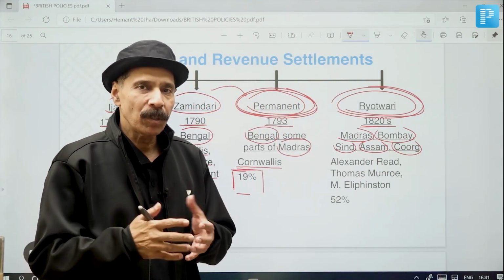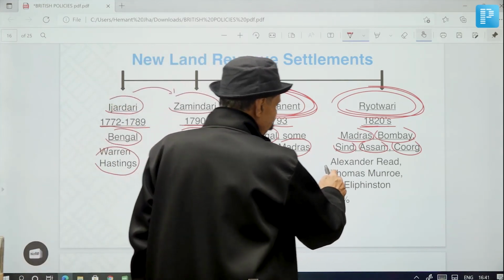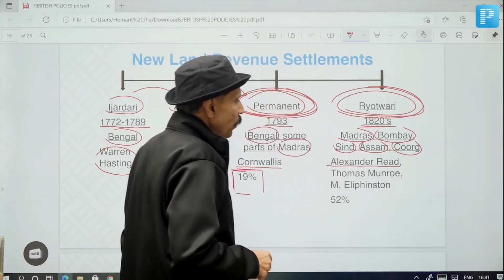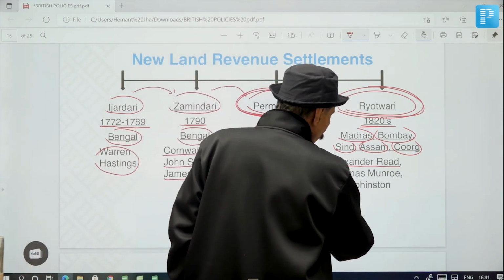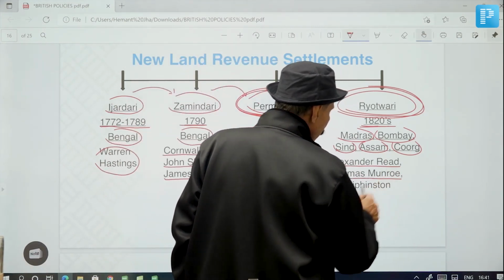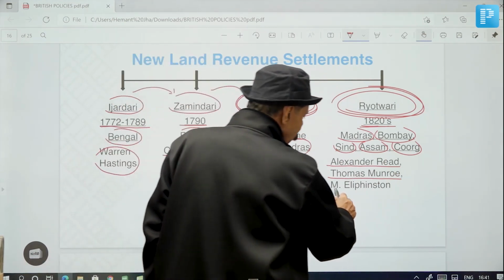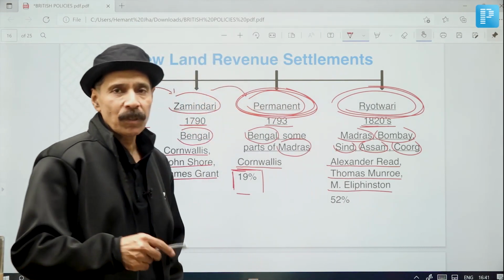The main persons associated with this were Alexander Read, who made the first experiment in Raiyatwari, Thomas Munro, who introduced this in Madras, where he was governor, and M. Elphinstone, who introduced this in Bombay, where he was the governor.